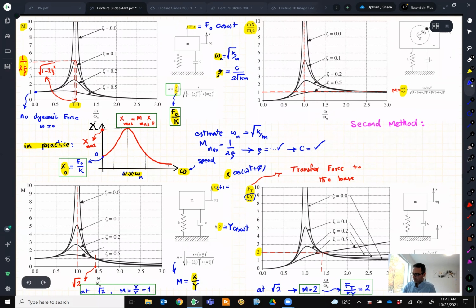All right, now let's talk about the second method. Again, this is more based on practice rather than actual theory. Let me draw the graph again, so that one doesn't get messy.